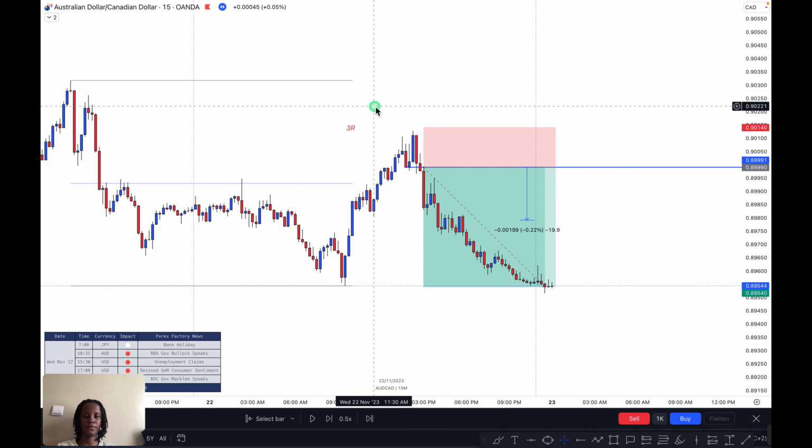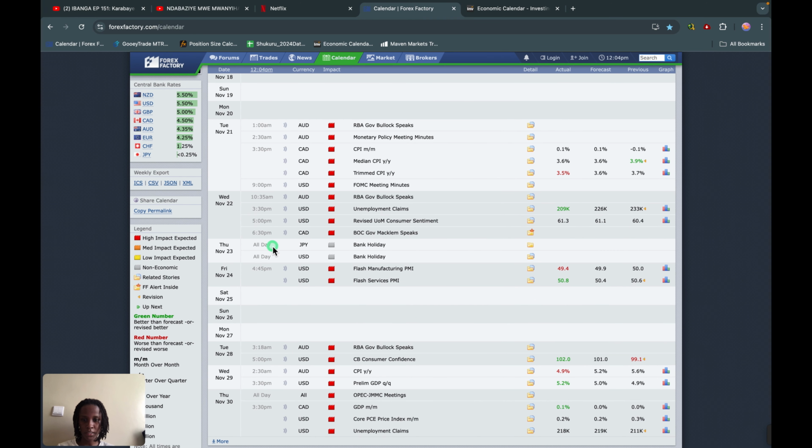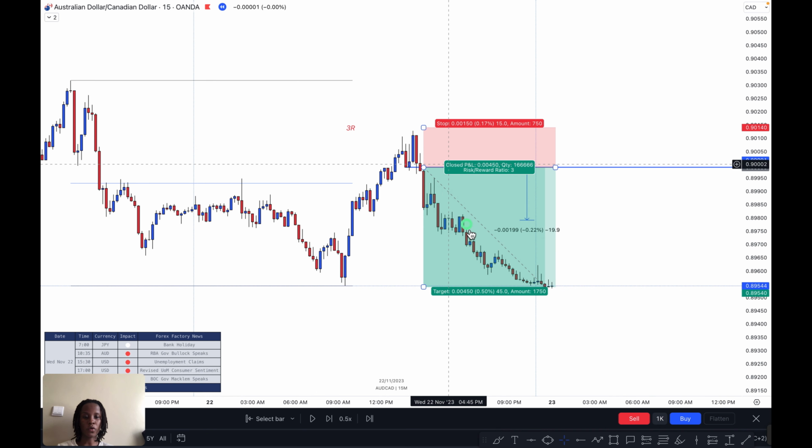Let's go back to the calendar again and see which trading days are valid. November 22nd, but here on Thursday it's November 23rd. This would be a valid trading day too, but it is not, because we already have a TP that was hit.